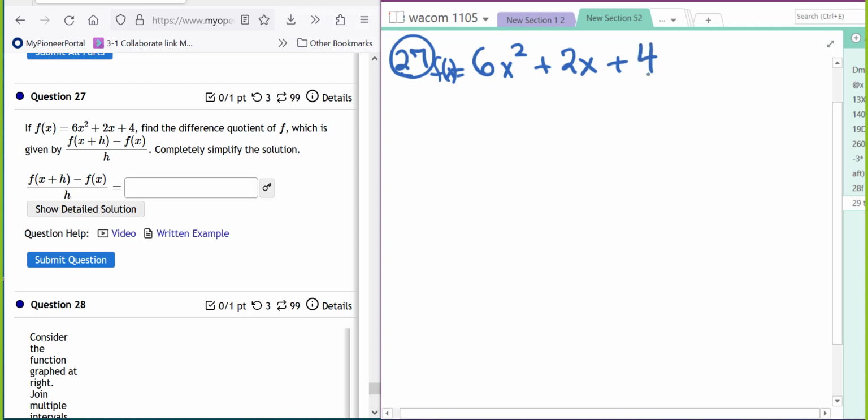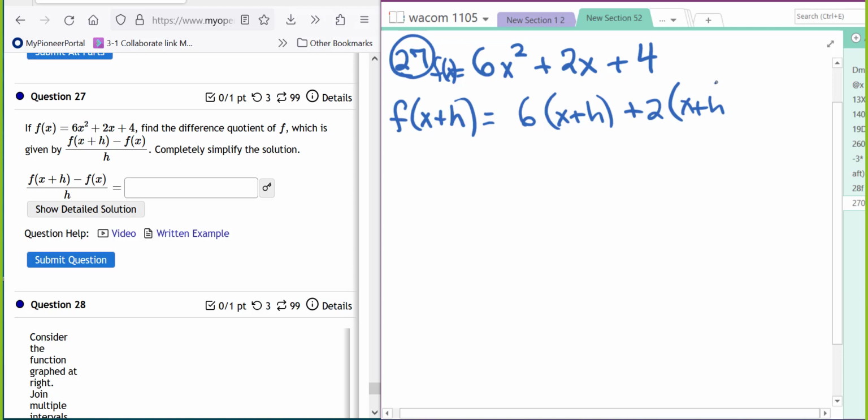And we're going to find the difference quotient. But it's helpful if you find these pieces you need first. So let's find f of x plus h. So you're going to substitute the whole quantity for every x. So 6 times x plus h plus 2 times x plus h plus 4. Right? Sorry, this is squared.